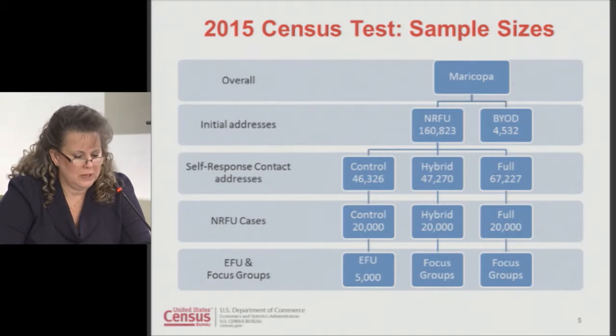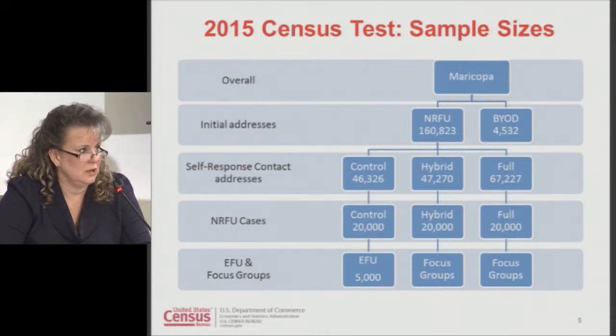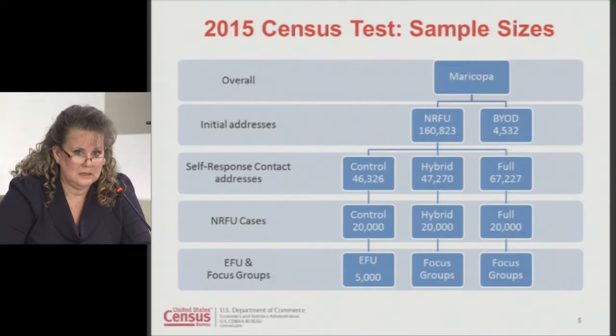The full removal panel implements an adaptive design contact strategy and will reduce the initial non-response follow-up workload to exclude any addresses identified as vacant or occupied based on administrative records. Remaining non-response cases will be visited at least once. In the hybrid removal panel, the initial non-response follow-up workload will be reduced to exclude any addresses identified as vacant using administrative records prior to any contact attempts being made.